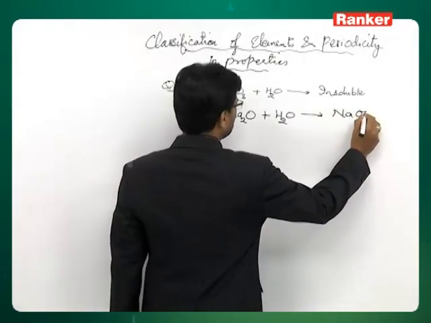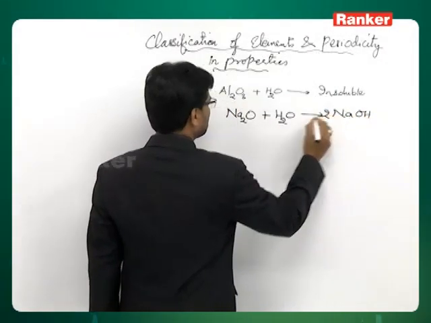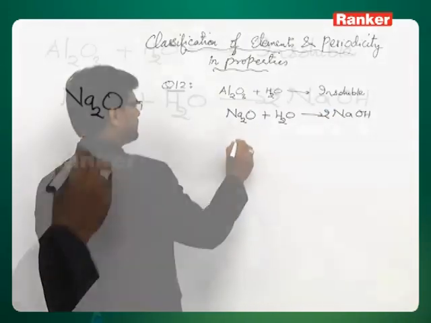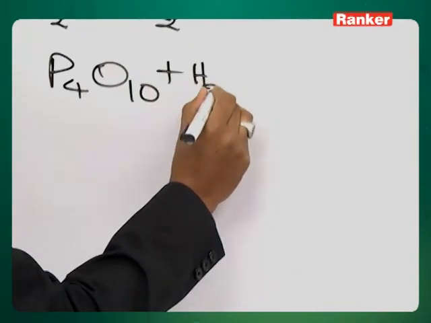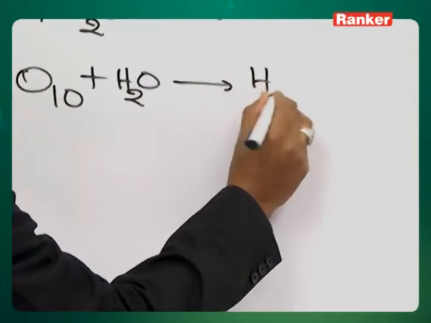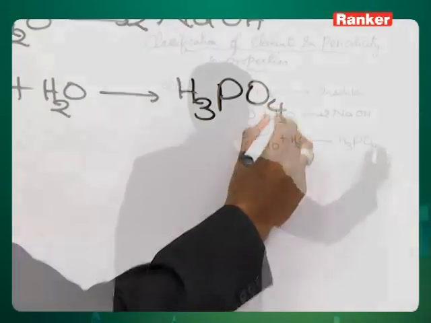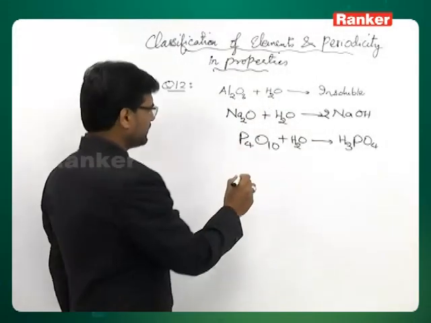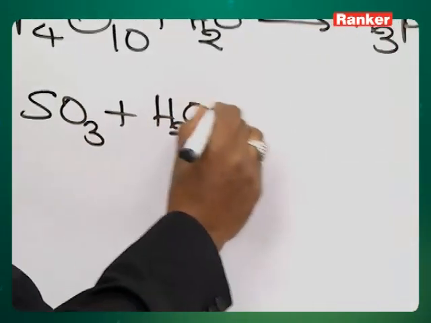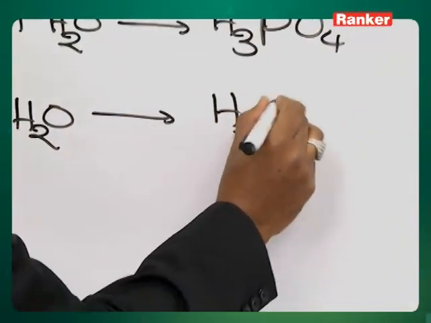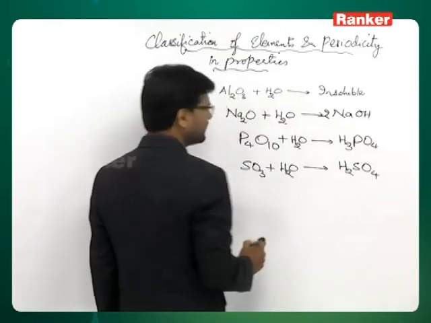This is a strong base. Then you have P4O10. P4O10 dissolves in water and produces acid, H3PO4. Then you have SO3. SO3 dissolves in water to produce a very strong acid, sulfuric acid.